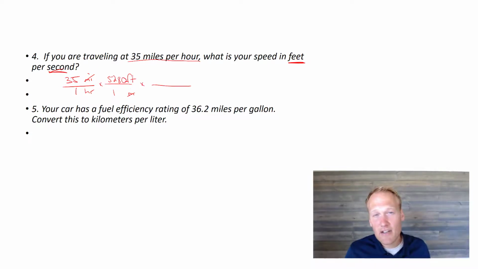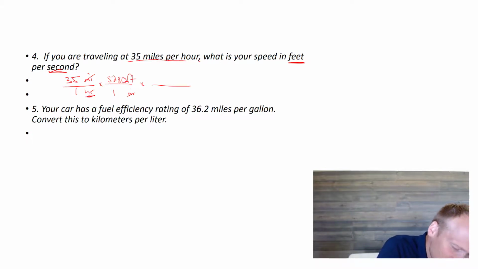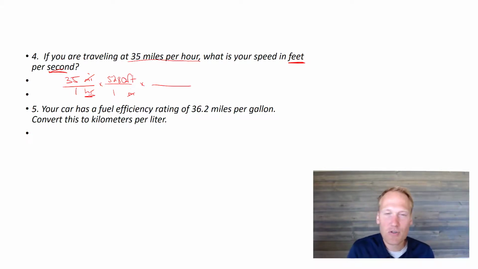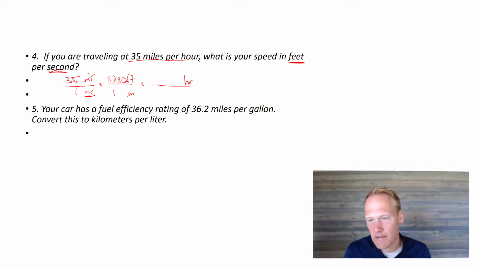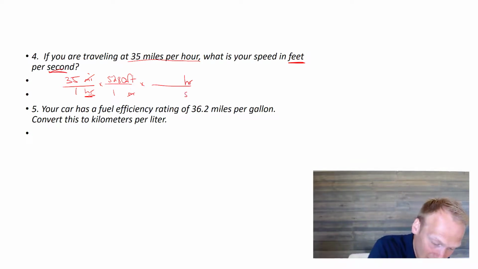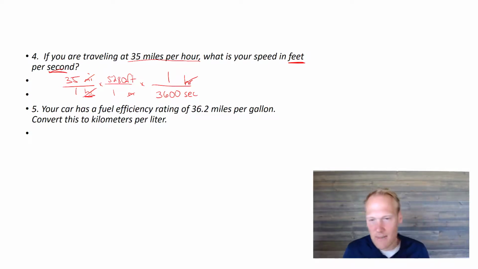The next thing I need to do is get from hours to seconds. But notice, hours is here on the bottom. So to get it to cancel out, I need to put hours on the top and then seconds on the bottom. And 1 hour equals 3,600 seconds. And this way the unit of hours drops out.